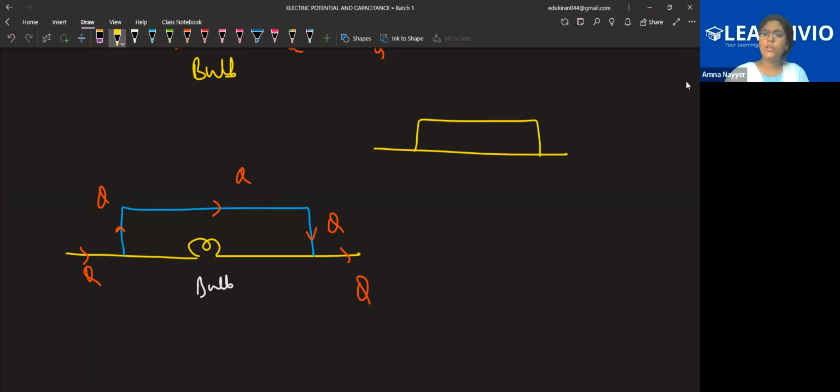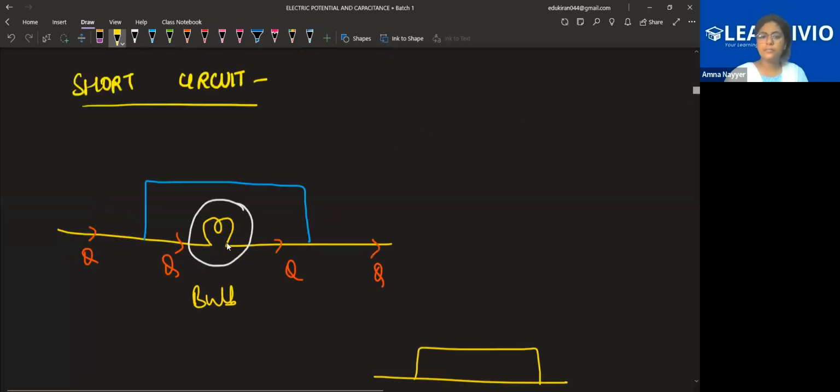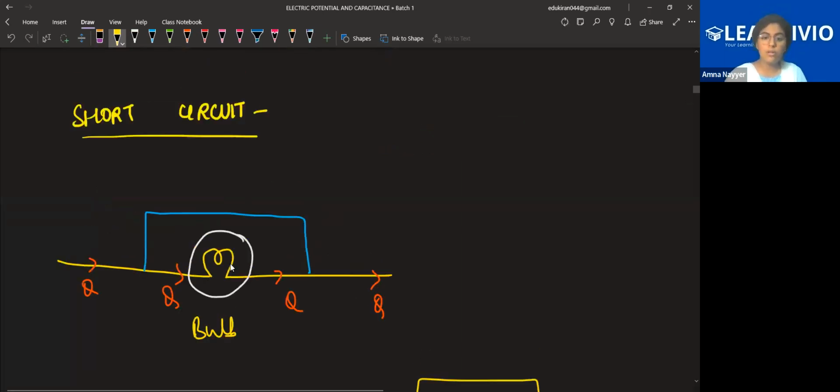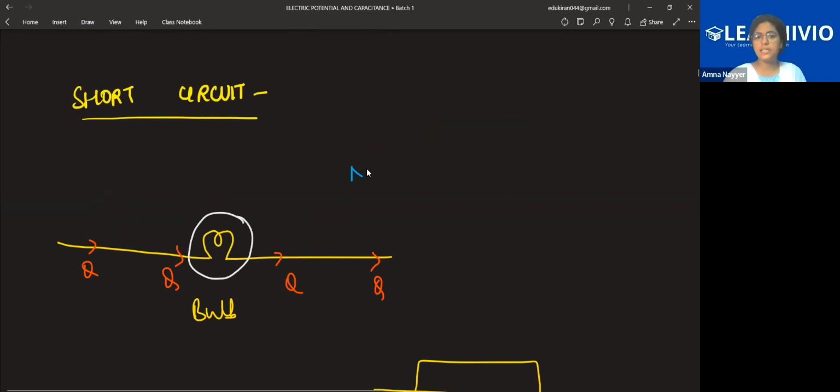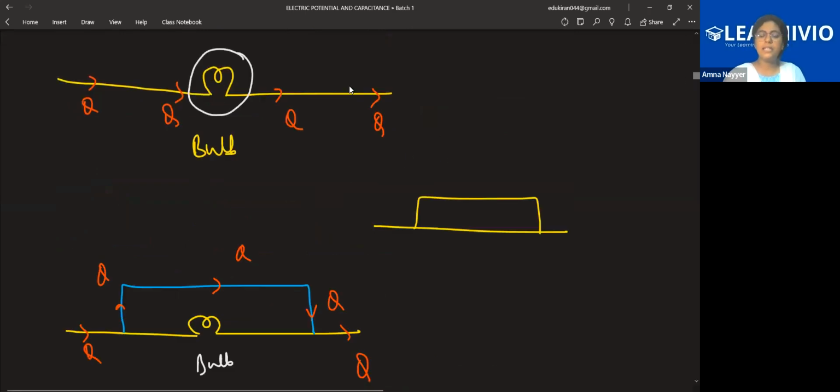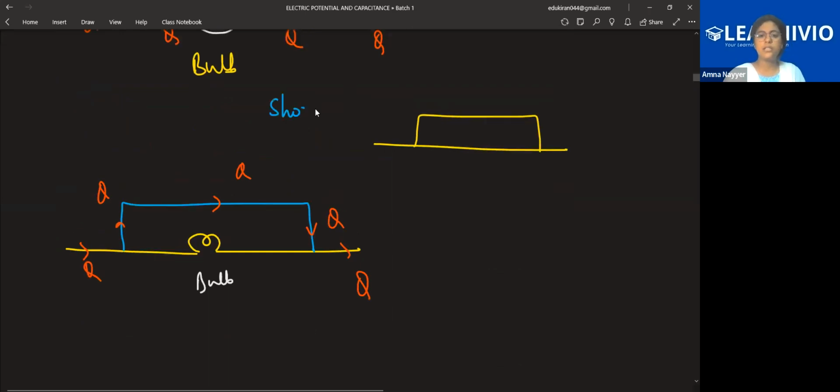Now if you look here, when the bulb was glowing, there wasn't any short circuit present. This is the normal condition. Now, when the wire is connected, this is called the short circuit.